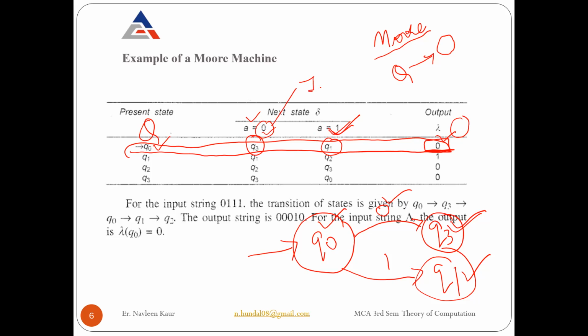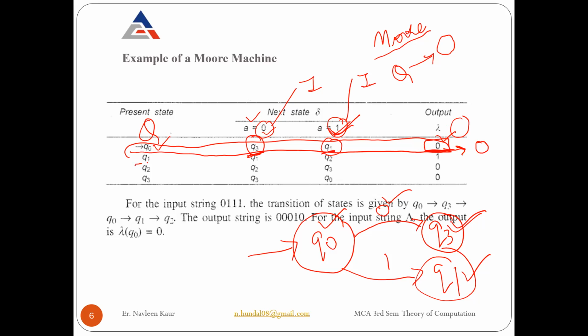If the input to Q0 is 0, the next state generated is Q3. If the input to Q0 is 1, the next state is Q1. So next states are changing for sure, but the output is always 0.